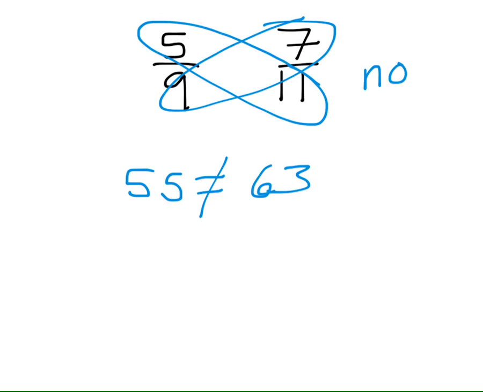Now, how do we solve proportions if we have a variable in one of them? We're going to get to why proportions and ratios are important in just a second, but let's say we had a problem like this. Actually, I'm going to change this here a second.